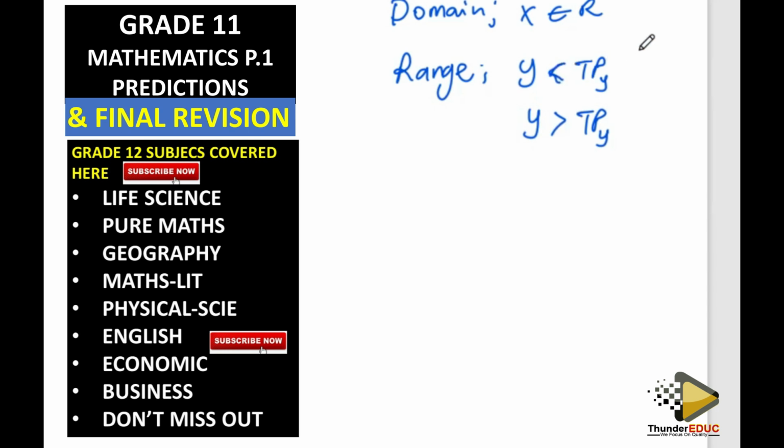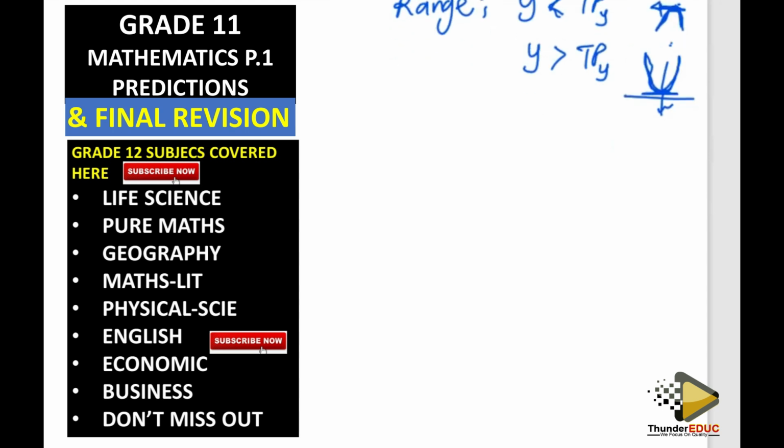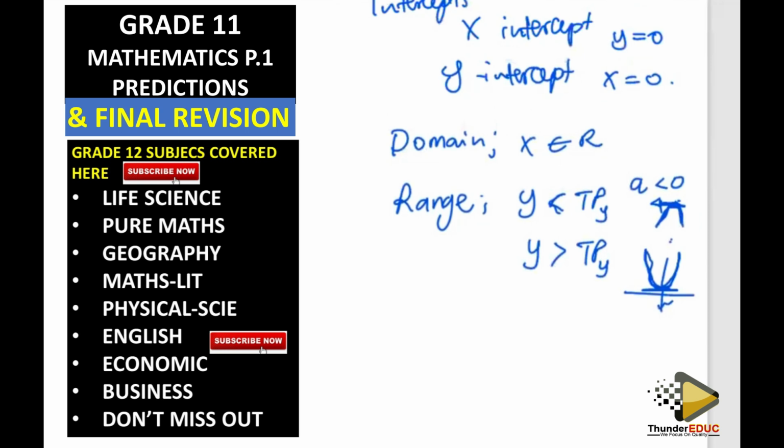If your a is negative, in other words, it's a frown face, then the range must be less, so you're looking at the y value there and below. If your graph is a smiley face, you're looking at y values that are above. So if this is a minimum, that is a maximum. If you have a maximum, use less than. If you have a minimum, it has to be greater than. So that is to do with the basic parabola.